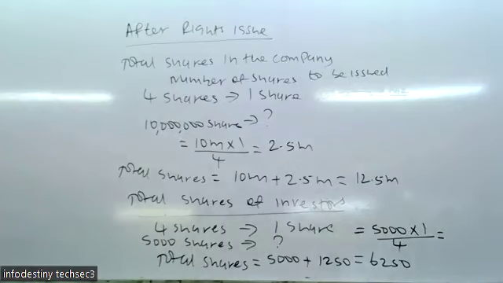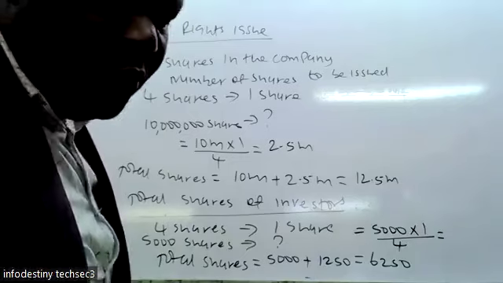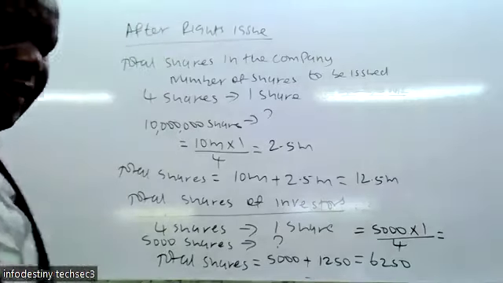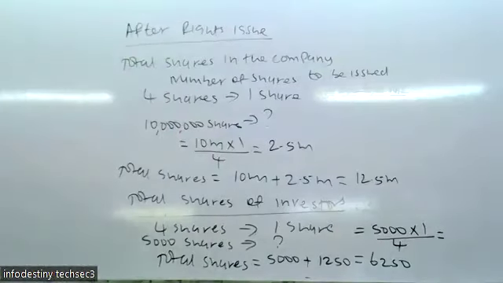Once we have done that, that's now the information we have after the right issue. So we are now answering Roman letter 3. When he exercised all his rights, what will be the position of the investor?